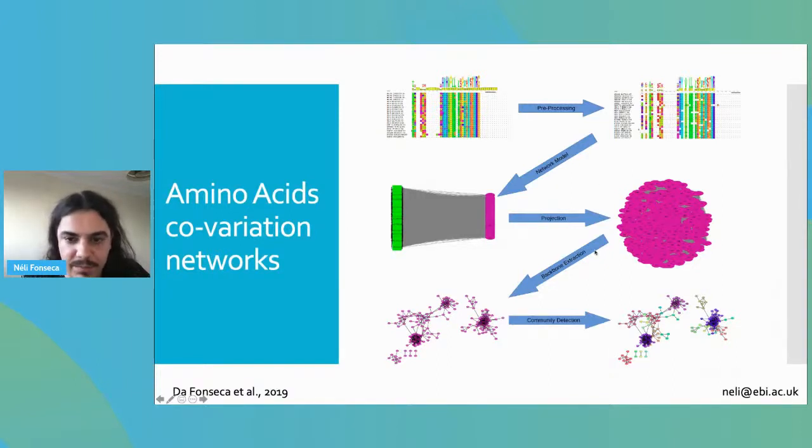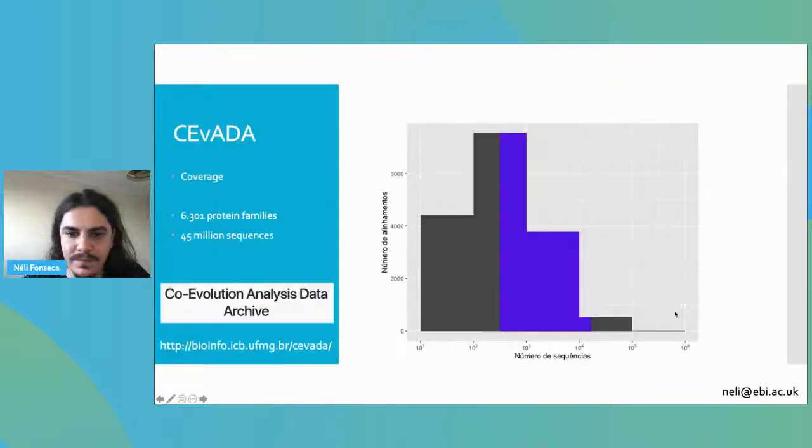We then set a p-value to retain only the statistically relevant edges, to finally perform a community detection algorithm to classify the clusters of covariating residues. At the moment, we are covering 35% of Pfam, including the alignments that have at least 500 non-redundant sequences and a maximum of 20,000 sequences.